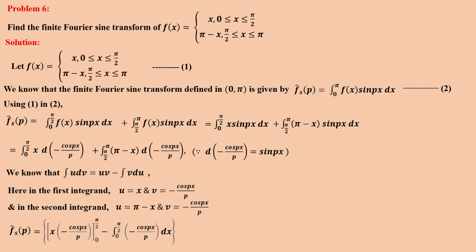We are going to the second integral. So second integral uv: u is pi minus x into v is minus cos px by p, lower limit pi by 2, upper limit pi, minus integral pi by 2 to pi of v du, minus cos px by p times the derivative of pi minus x, which is minus dx. So that is equal to minus pi by 2 cos p pi by 2 by p plus second value 0, plus 1 by p integral 0 to pi by 2 cos px dx.